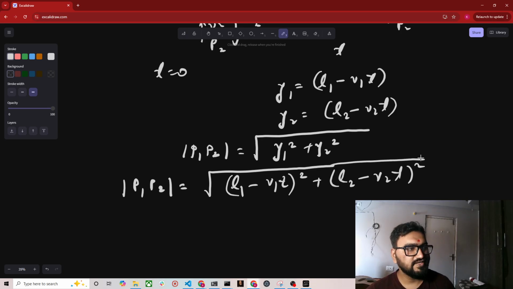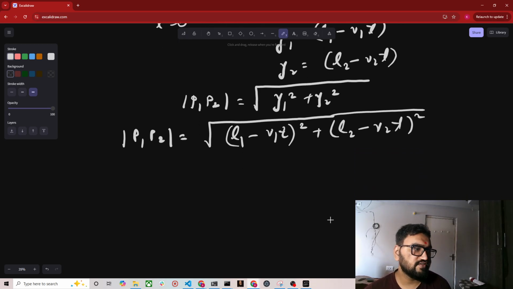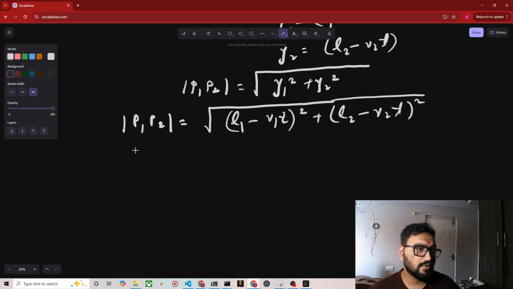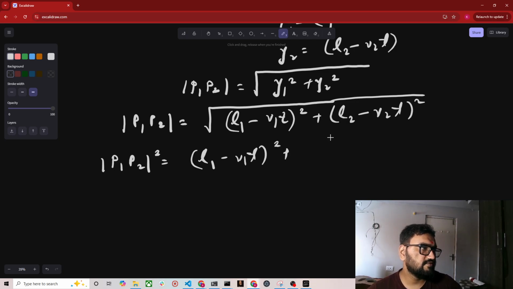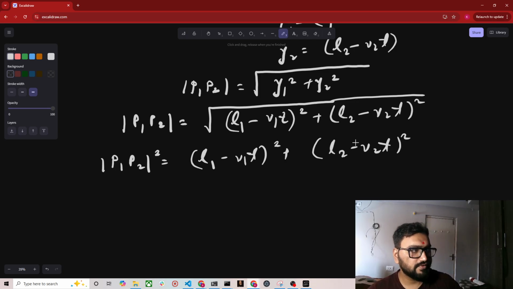Alright, if I square on both the sides of this equation, I'll get |P1P2| whole square equal to (L1 minus v1t) whole square plus (L2 minus v2t) whole square.